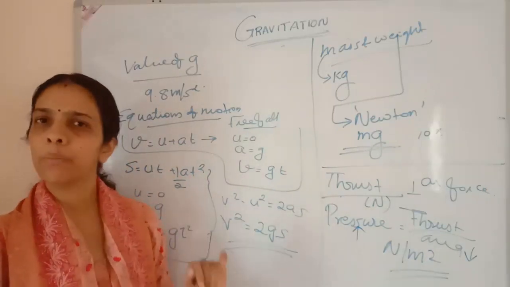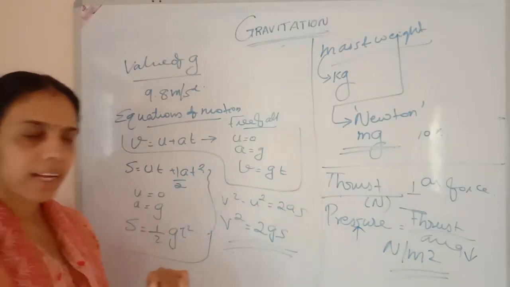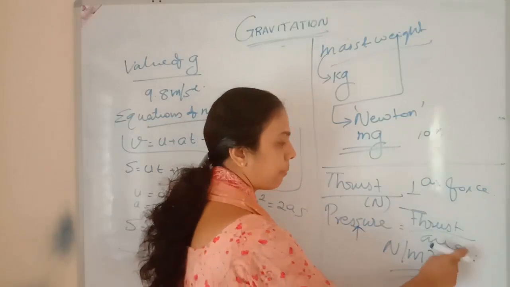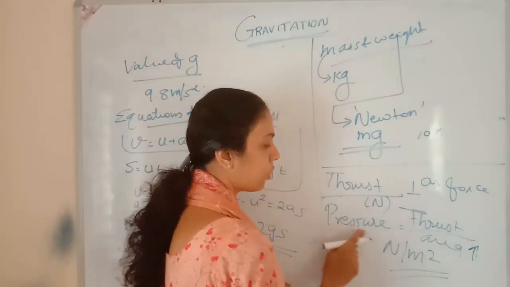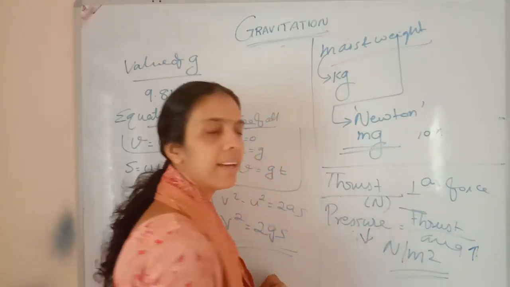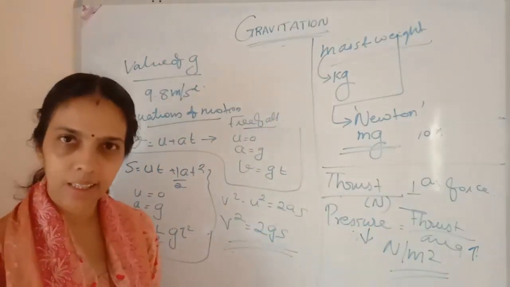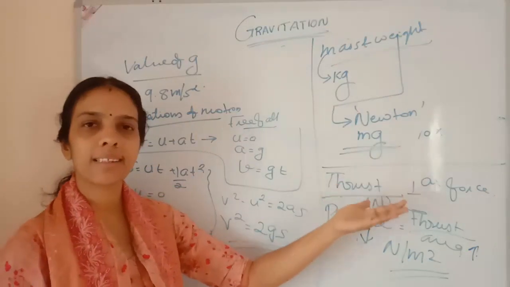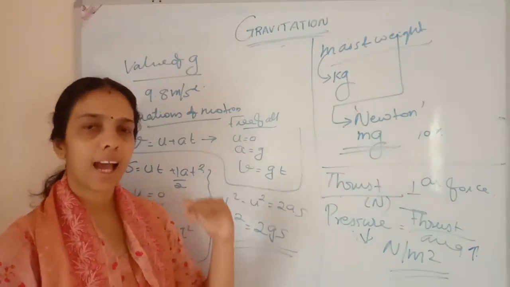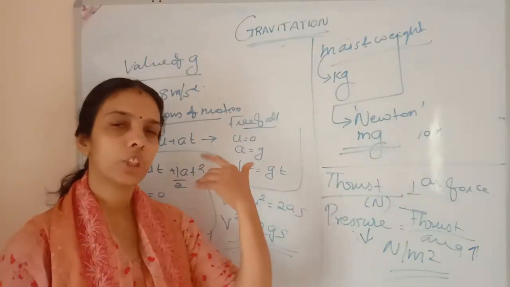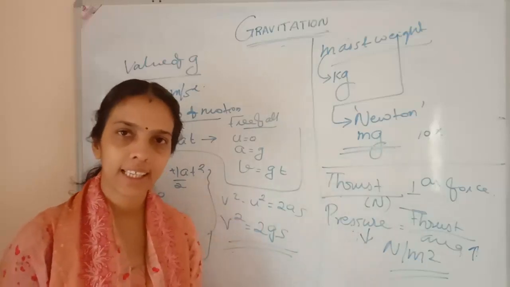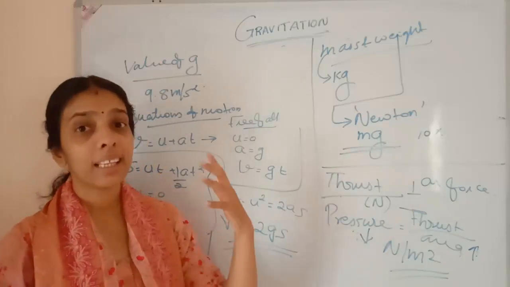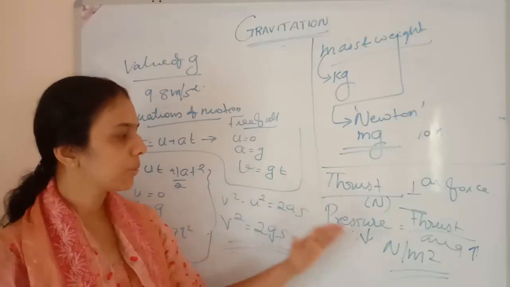Flat sandals, because the area is more, so the pressure acting on the feet will be less. So as area increases, pressure will decrease. As area decreases, pressure will increase. Denominator decreases, left hand side will increase. This one is clear, right?